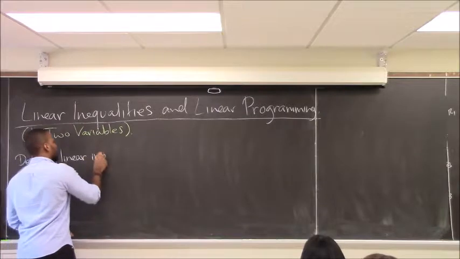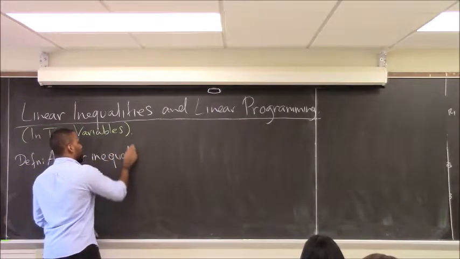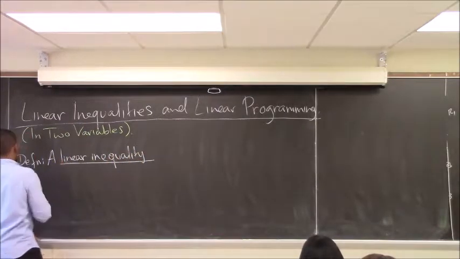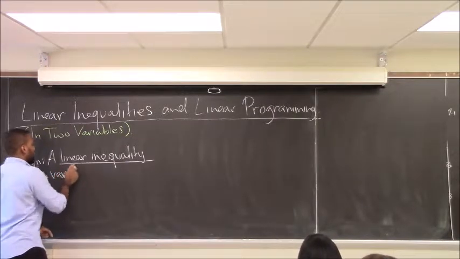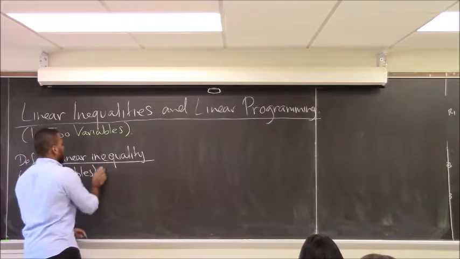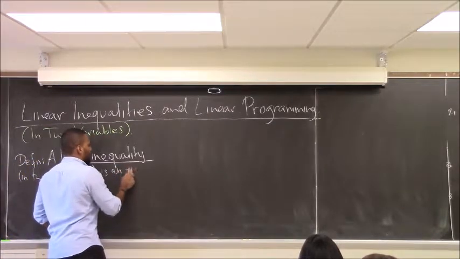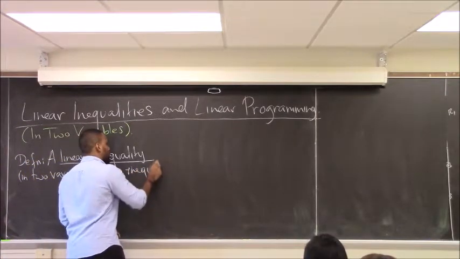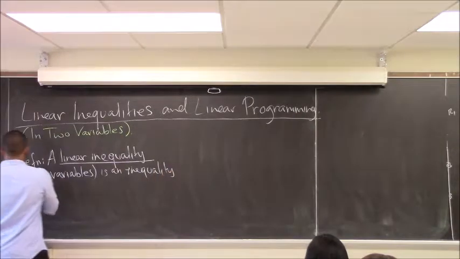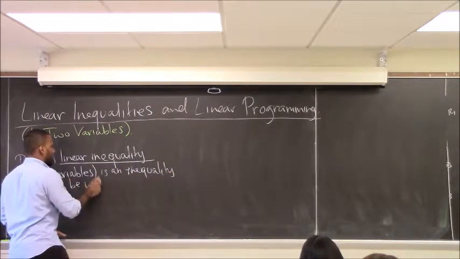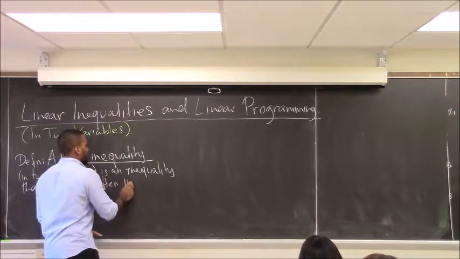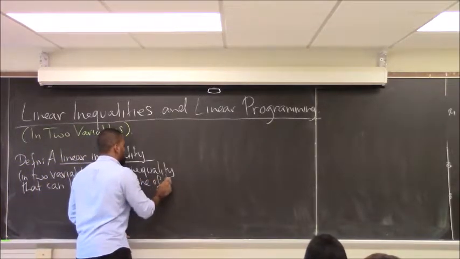A linear inequality in 2 variables is an inequality that can be written in one of the forms.